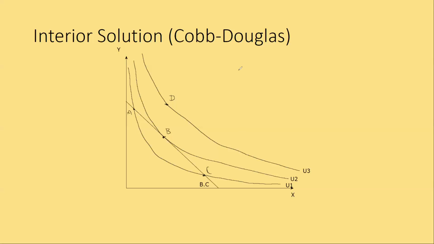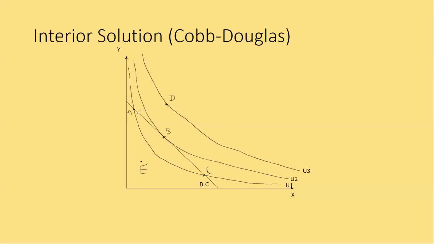Let's recall what we are trying to do. We are trying to find a point that is, first of all, within the budget constraint. And we argued that for it to be the optimal point, it will lie on the budget constraint. So a point that is interior, for example a point E over here, is going to be out of our consideration.